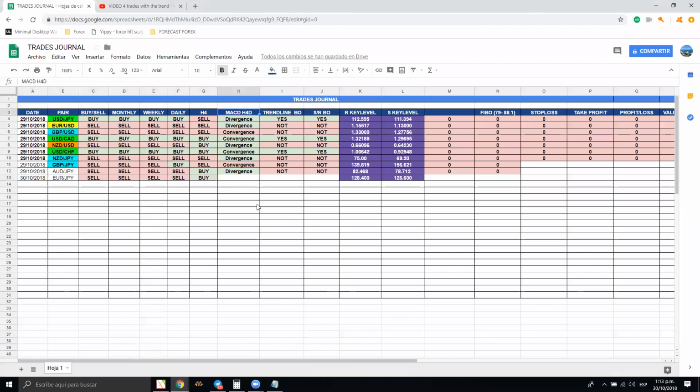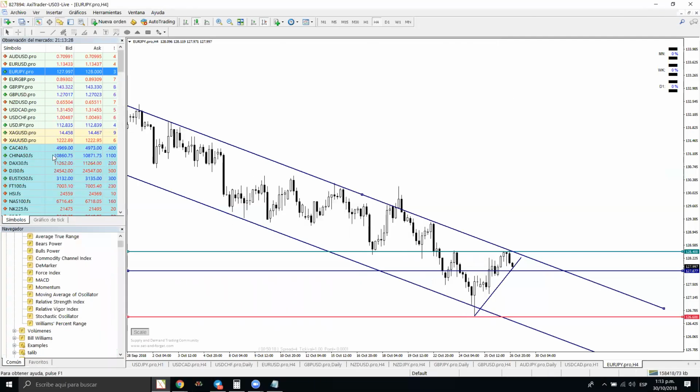We need to check MACD. MACD is going to give you precious information. Let me add a MACD. This template, I have a special template, but I want to use this clean one just to explain the concept.